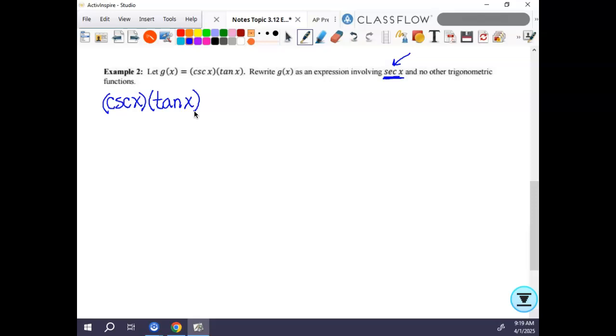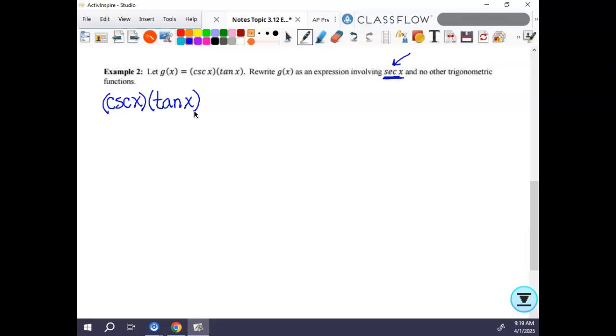And again, I can substitute some stuff in here. I know I want secant, and it's not like a sine or a cosine, but what is secant the reciprocal of? Cosine. So if I can get it to cosine, I can get it to secant, right? And I feel like I could probably do that with what's here. So let's just go ahead and put everything in terms of sine and cosine and see where that gets us.